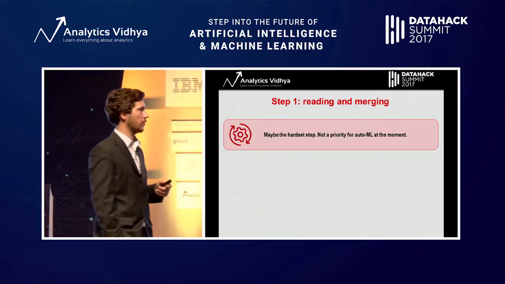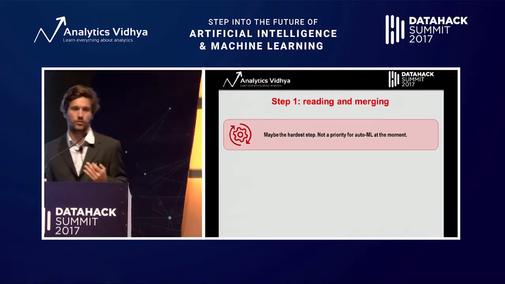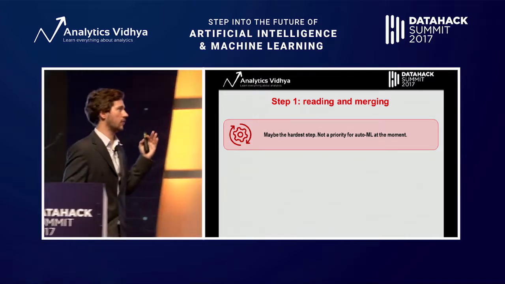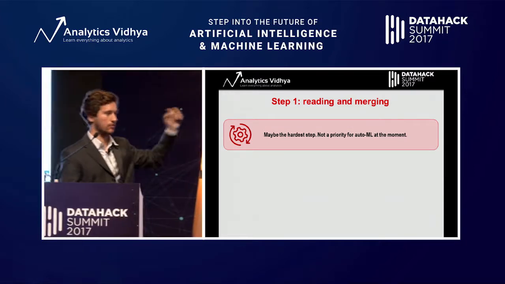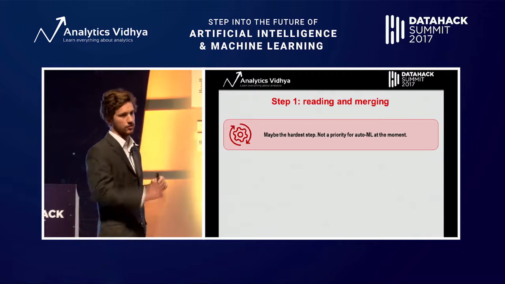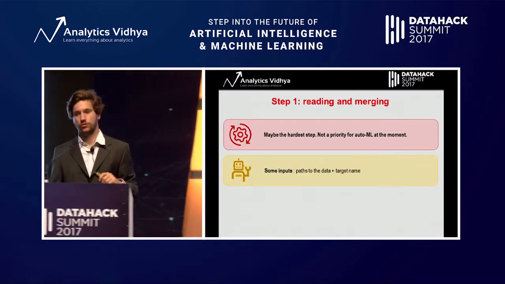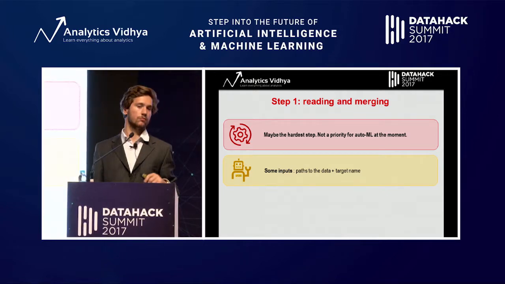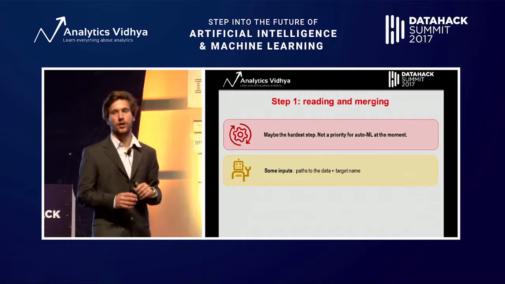So it's not a priority for automated machine learning at the moment, but it's also important to consider this case, that we can automate reading and merging. So that's the first criterion. So it's red. That's why it's very important to focus also on this point. In terms of automation, you only need to have some input, like the path to your data and the target name. That's the only input you will need to give.